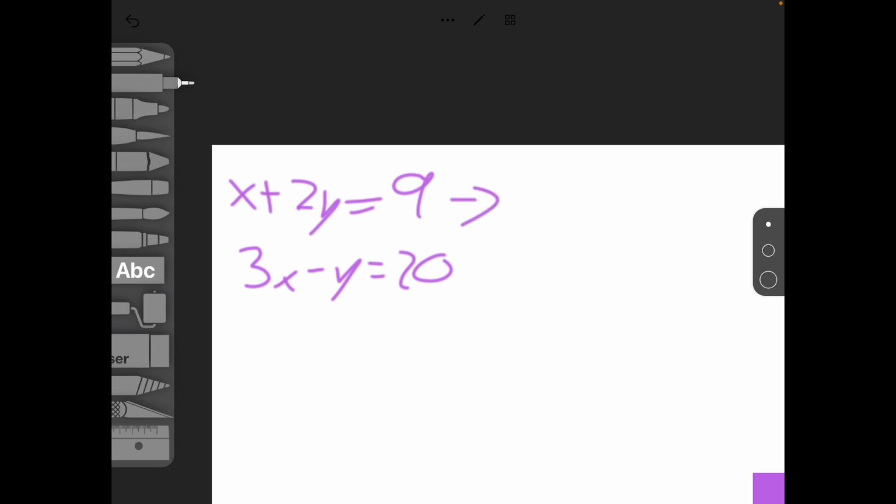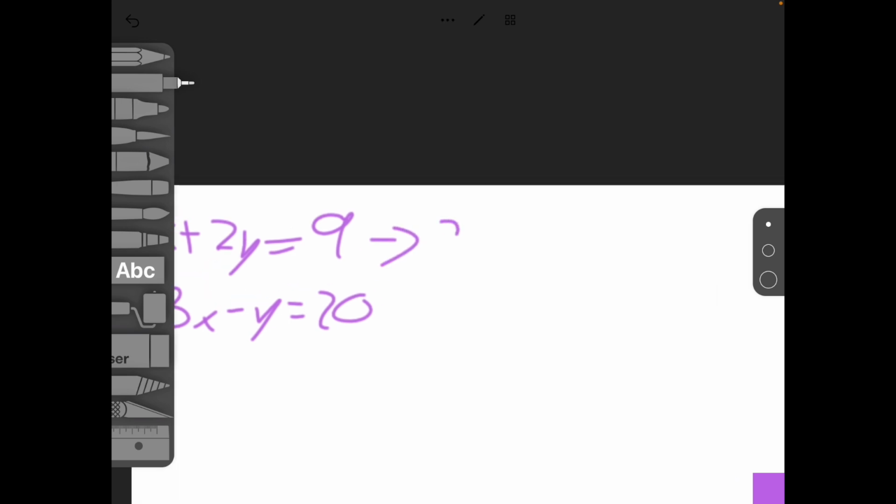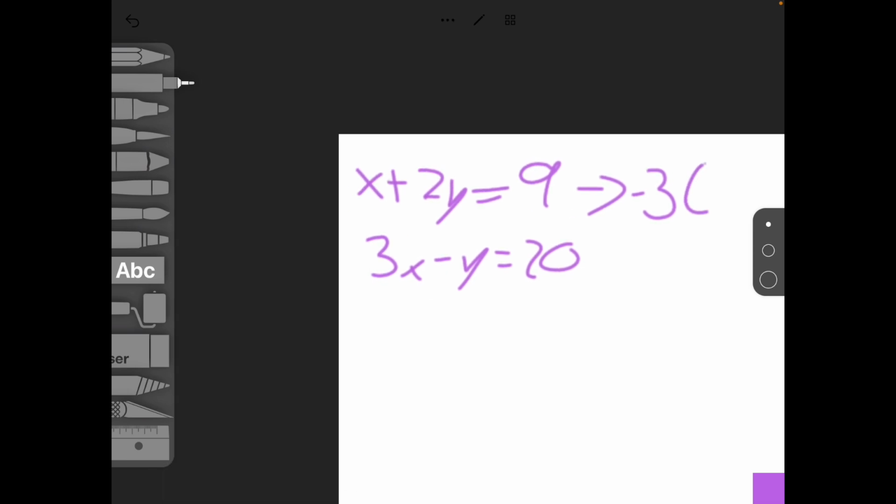So this equation would transform to minus 3 times the whole equation. Why minus 3? Because we want to reduce it. At the very end of this reduction of x, we would add the two equations, so we have 0x left.